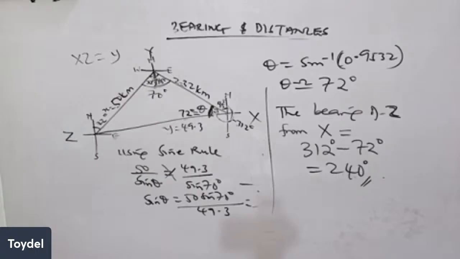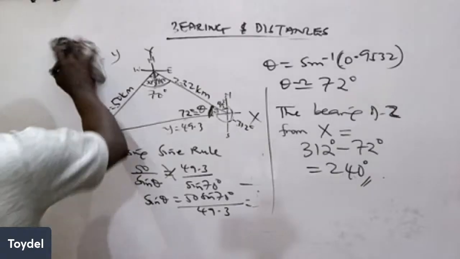Okay. So we can have so many questions on bearing, but there's a concept I want to talk about briefly before we close the class. It is called algebraic fraction. At times it is common in WAEC, where the question will say, what value of x will make this equation undefined?